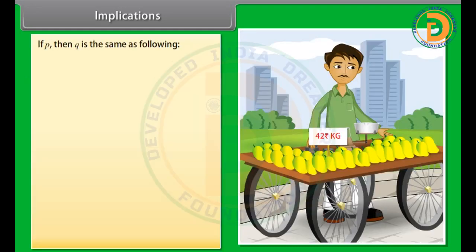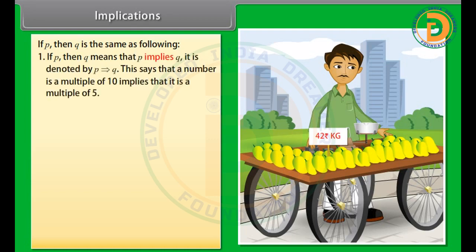If P, then Q means that P implies Q. It is denoted by P ⇒ Q. This says that a number is a multiple of 10 implies that it is a multiple of 5.